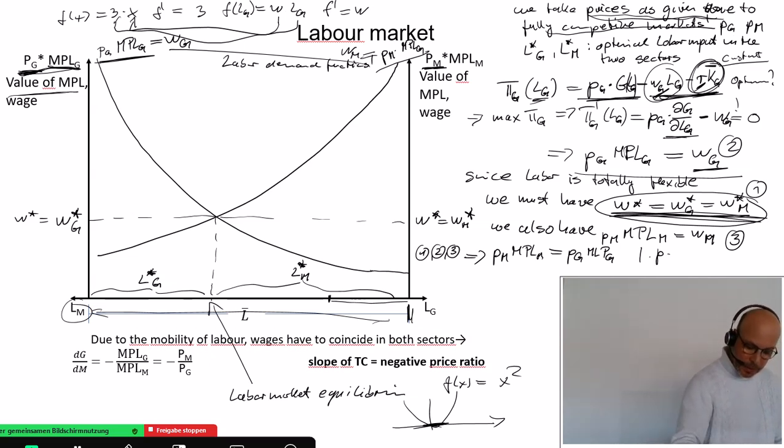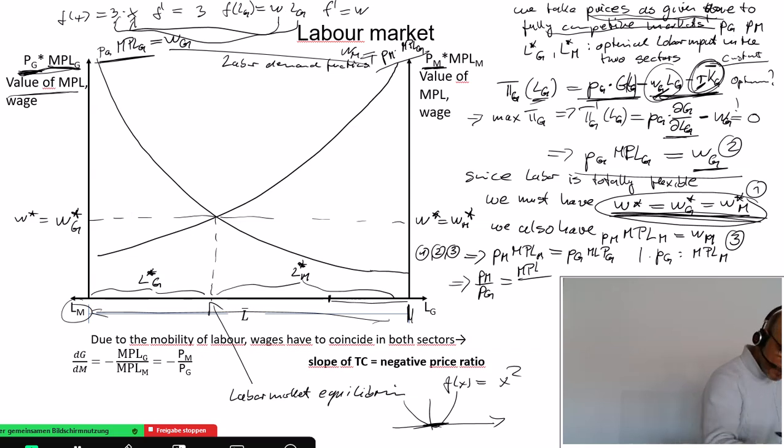Dividing by PG and dividing by MPLM means the relative price equals marginal product of the other way around, G, over marginal product in the industrial sector.